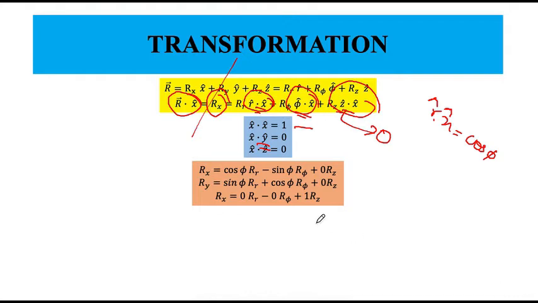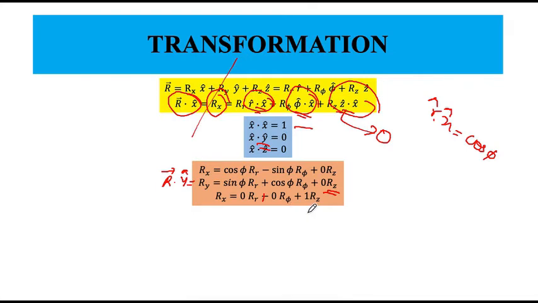What will be ry? You can show similarly by considering the dot product of r with y hat. This will be equal to sin phi rr plus cos phi r phi plus 0 times rz. Rz, just to complete the equation, I can also write as rz equal to 0 times rr plus 0 times r phi plus 1 times rz, okay.